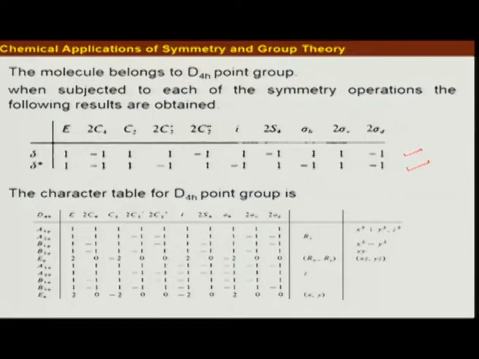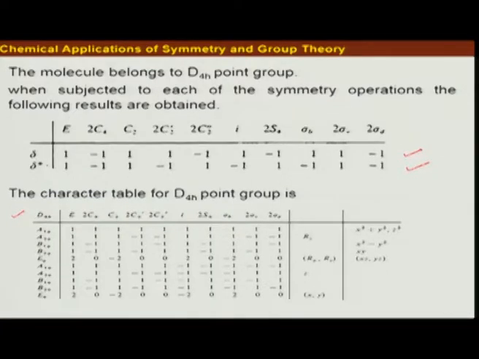Any standard book will give you the character table of all the point groups. Here we are giving you the character table of D4h. If you compare this representation with the character table as a whole, you can find out which irreducible representation delta belongs to and which one the delta star orbital belongs to.